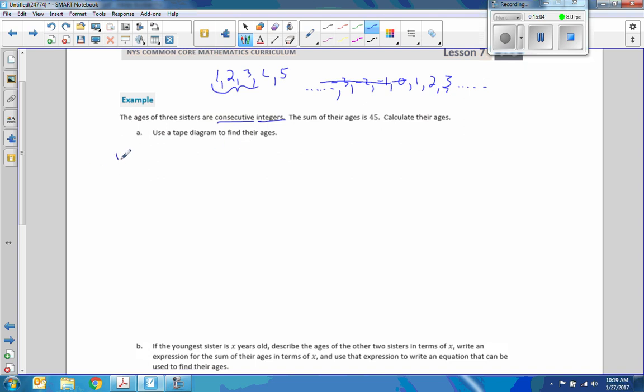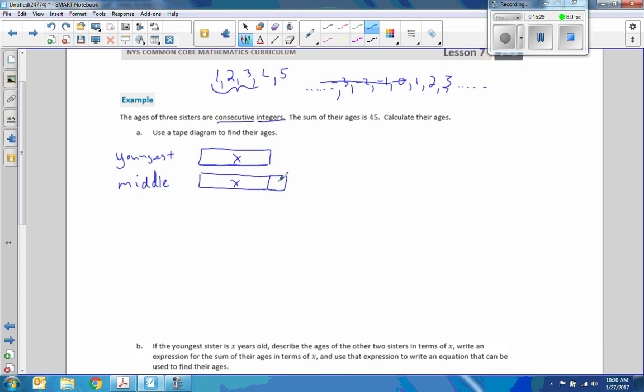So if I say the youngest is represented by a tape diagram, we call that X. Okay? Then the middle child, well, if they're consecutive ages, the middle child has the same age as the first child plus 1 year.